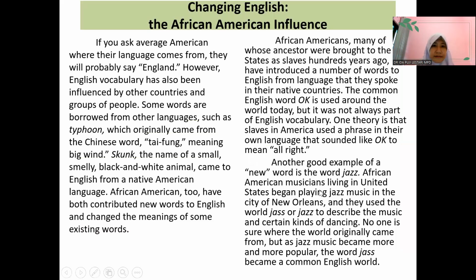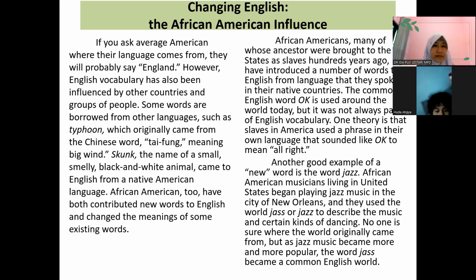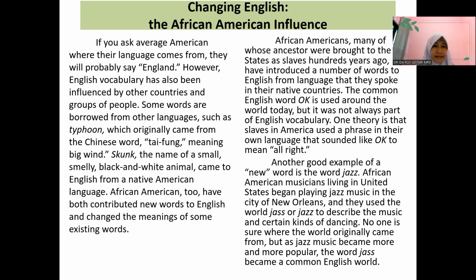Okay, let's see the first paragraph. If you ask the average American where their language comes from, they will probably say England. However, English vocabulary has also been influenced by other countries and groups of people.